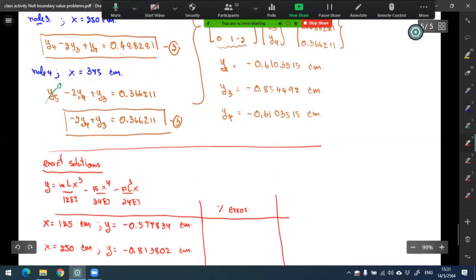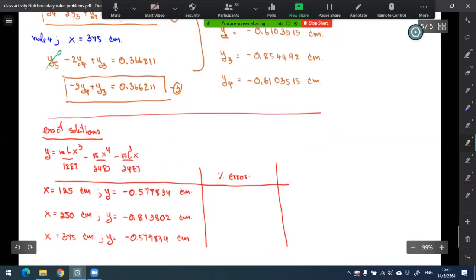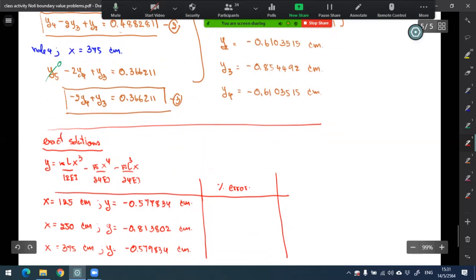For the percent error for the case of Y2, actually the problem is symmetric, so you will see that the solution should be symmetric.